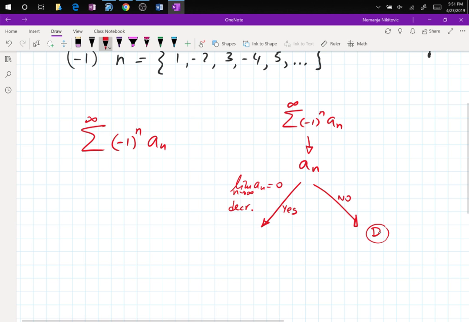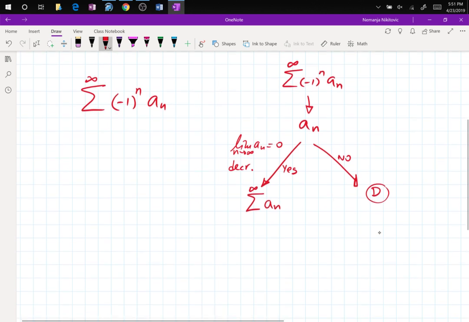Once you go to the convergence pile, you then take a look at the summation of an. Again, no alternation here. We just look at the series of an. That one can converge or diverge by any of the 9 tests.